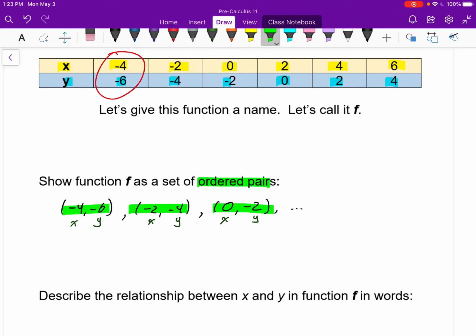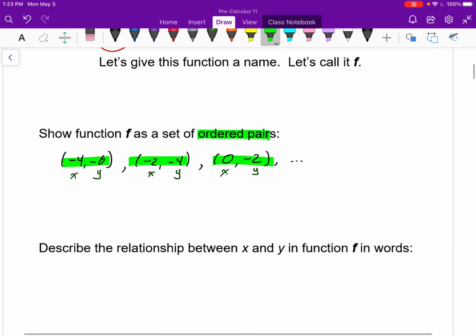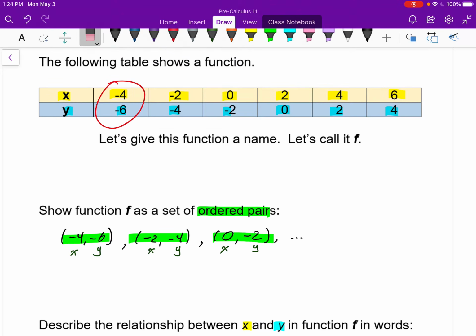I can also describe this relationship. I can describe this function in words, the relationship between x and y. And so to describe the relationship between x and y, I need to see what happens as I go from here to here. I put in a 0, I get out a -2. I put in a 2, I get out a 0. I got to look at the relationship this way, from x to y.